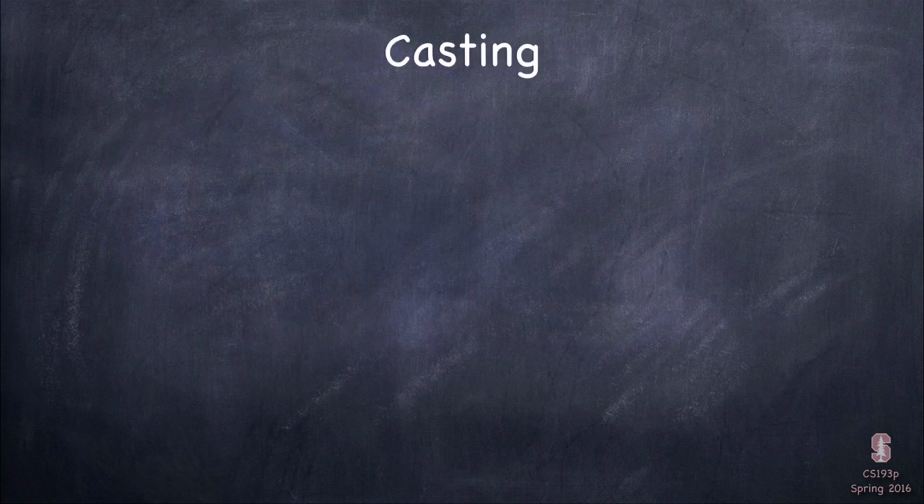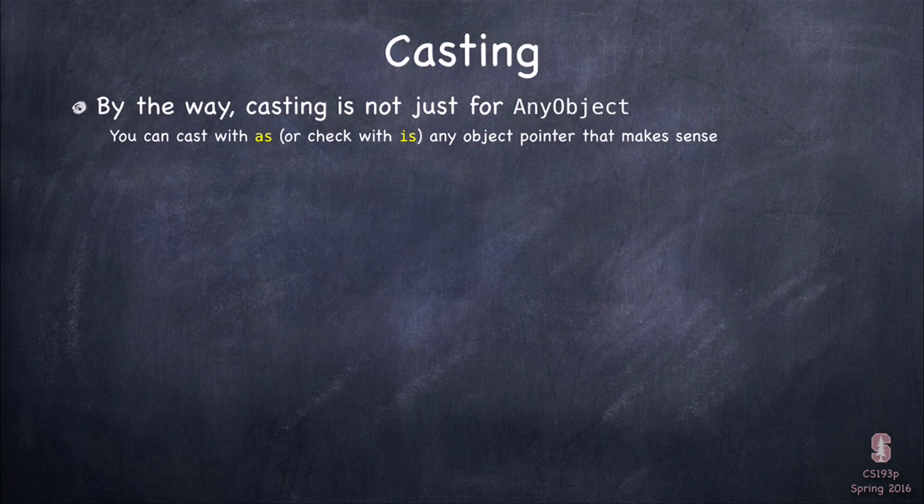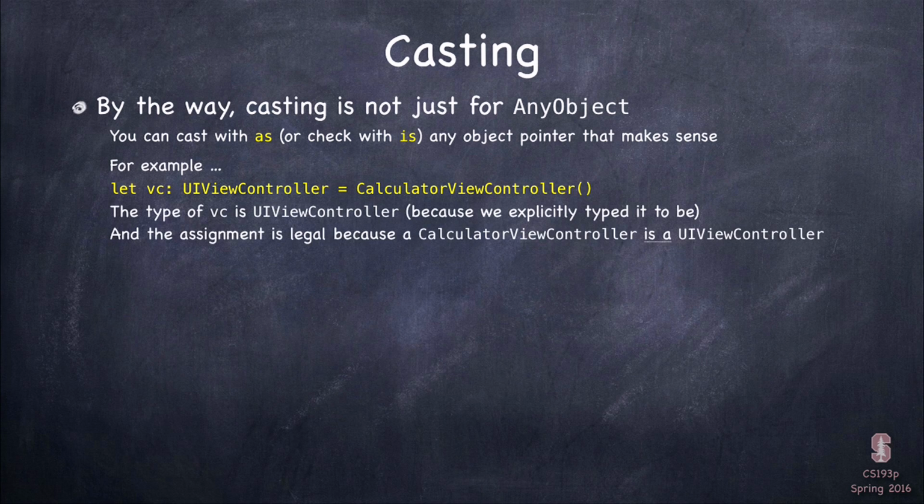I'm going to finish off the slides here first. One thing about this casting, you can cast other things besides any object. Okay? So for example, you can look at this slide later, but you could have a class that's a subclass of another class. And you can try and cast using as to get the subclass. You're not sure whether it's a subclass, but you can cast, and as will tell you whether it is.